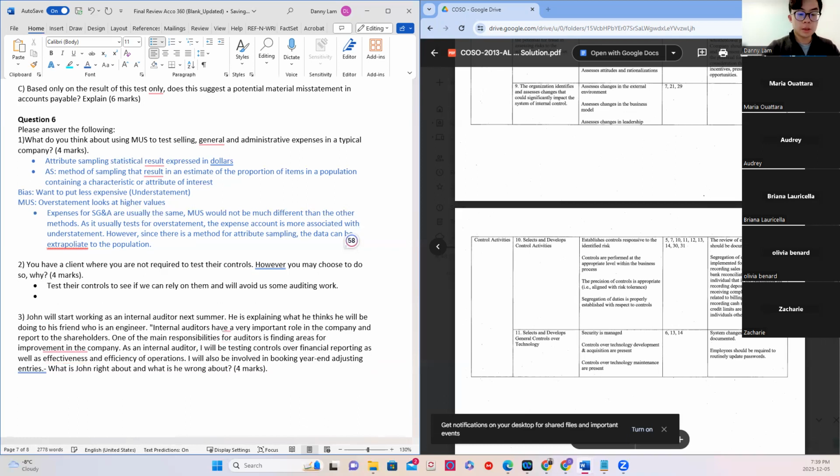So we're doing that because if controls are strong, it reduces the extent of substantive testing.